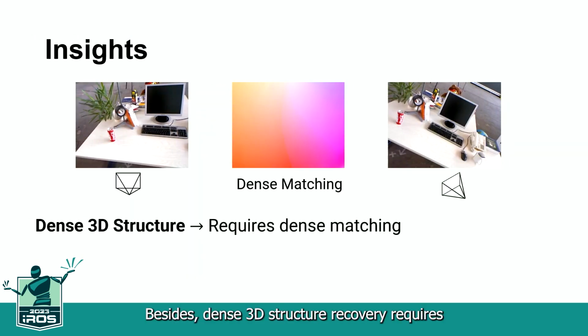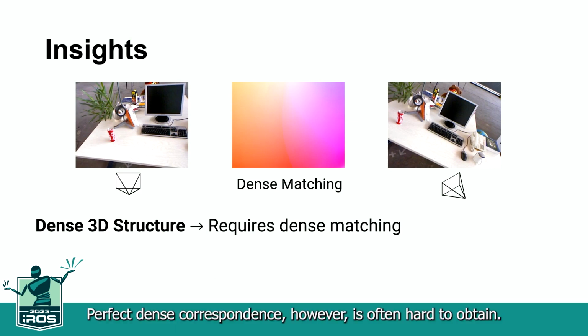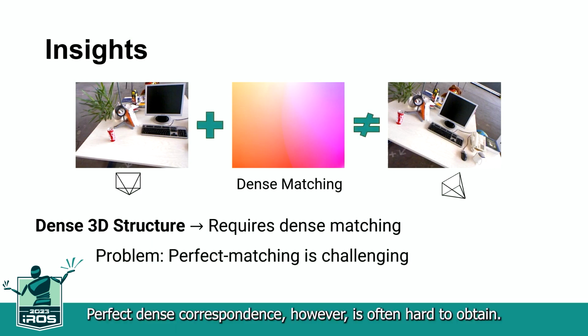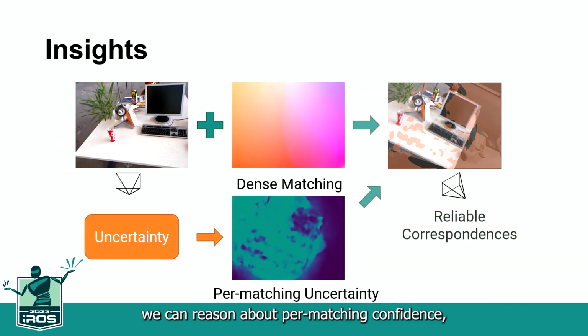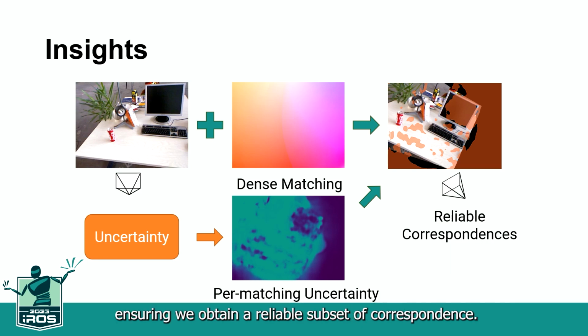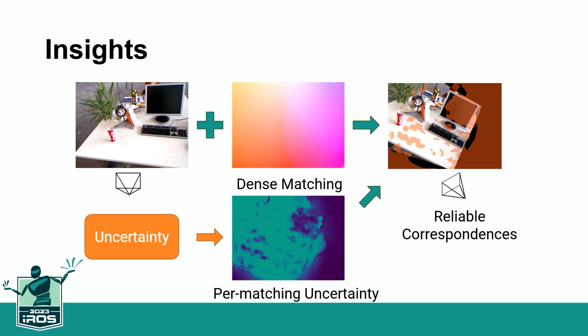Besides, dense 3D structure recovery requires dense matching between two views. Perfect dense correspondence, however, is often hard to obtain. Again, by incorporating uncertainty, we can reason about per-matching confidence, ensuring we obtain a reliable subset of correspondence.